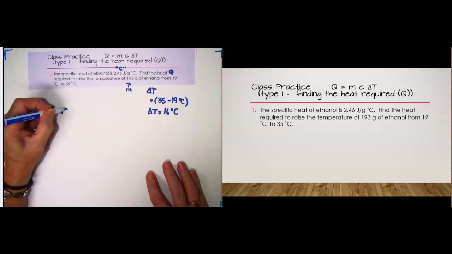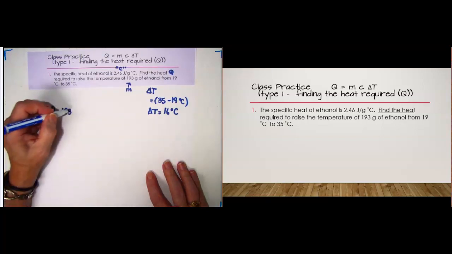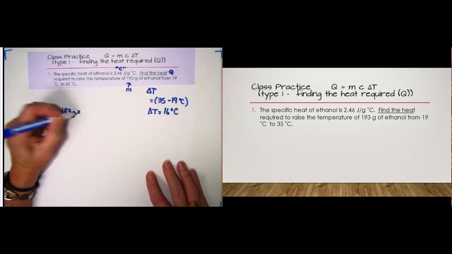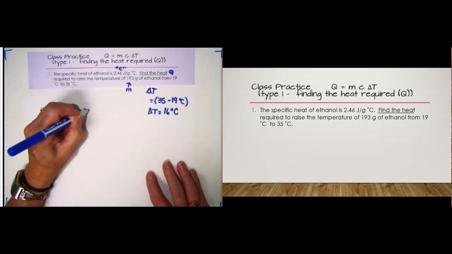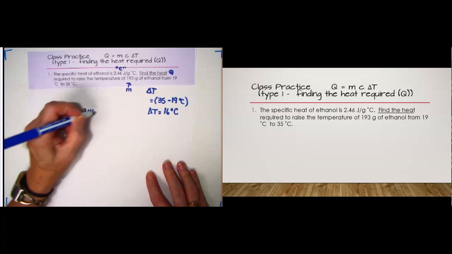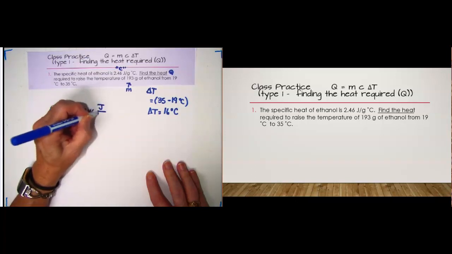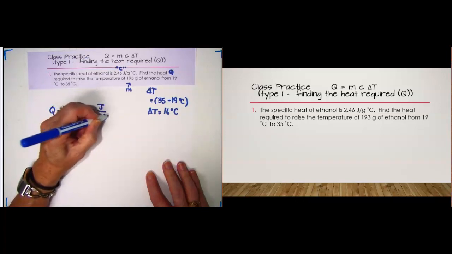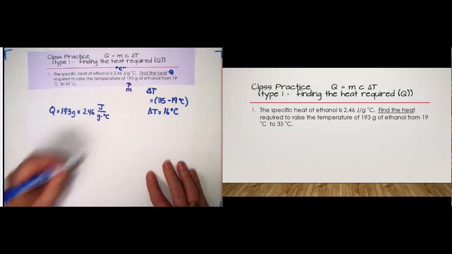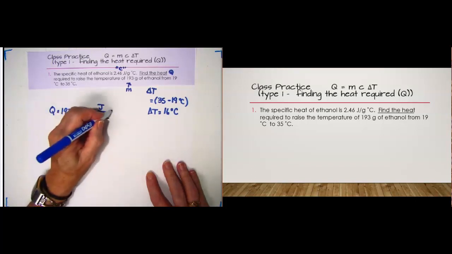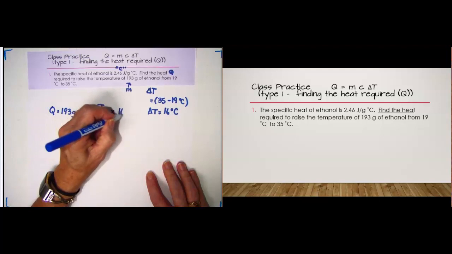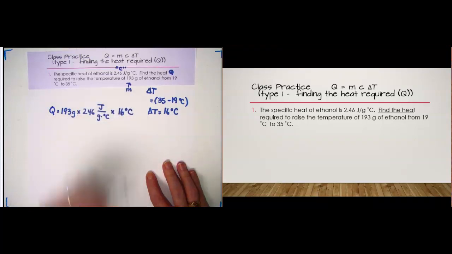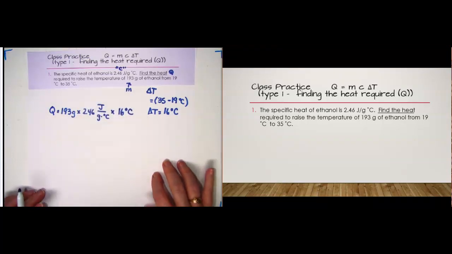Is equal to 193 grams times 2.46 joules per gram degrees Celsius, this is the units on the bottom, times 16 degrees C. All right, that's the problem.